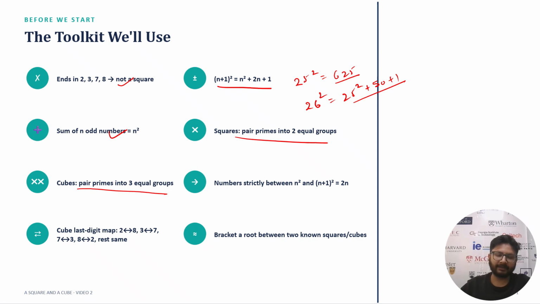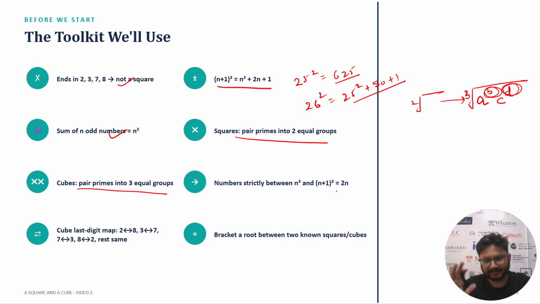Let's say it is a to the power b into c to the power d. If I want to calculate the square root of this number, I'll divide the powers by 2. If I'm trying to calculate the cube root, I'll divide the powers by 3, and simply I'll get the square root and the cube root of that particular number.